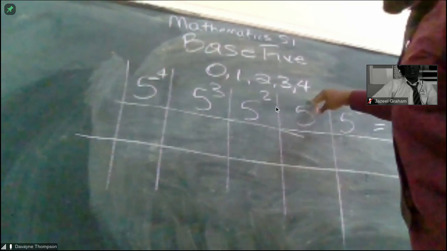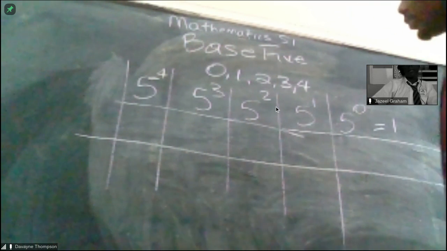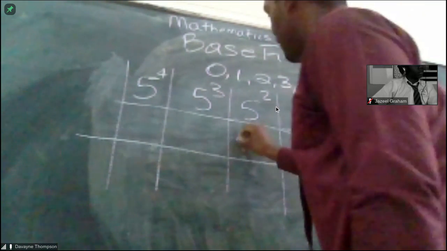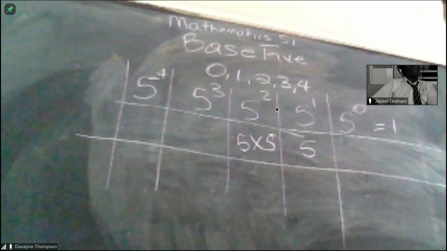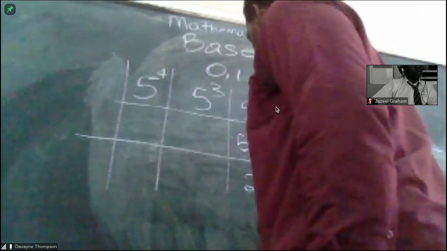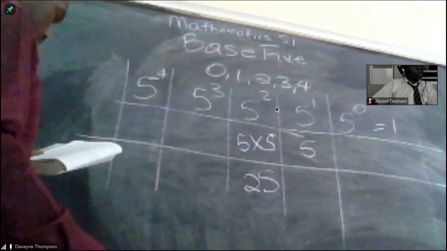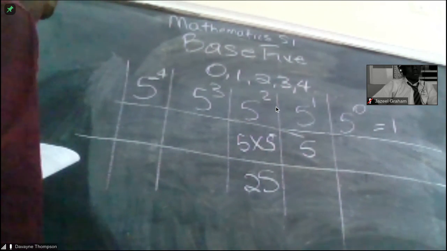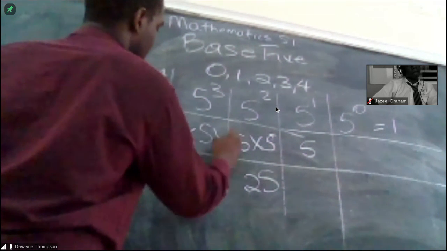What would be the same thing as 5 to the 1? 5. 5 to the 2, that would be 5 times 5, which is 25. What would be now 5 to the 3? 5 times 5 times 5.